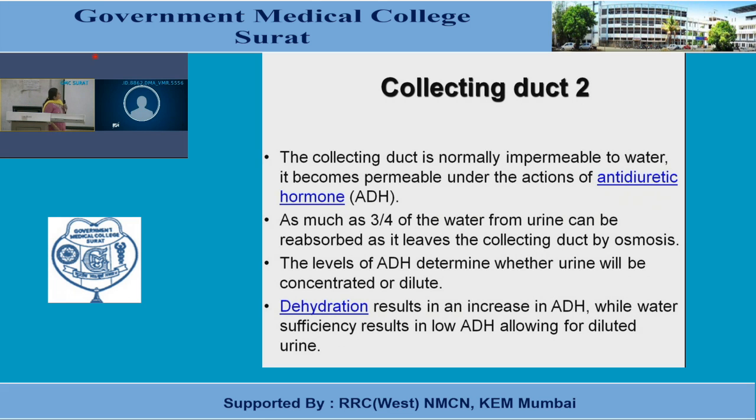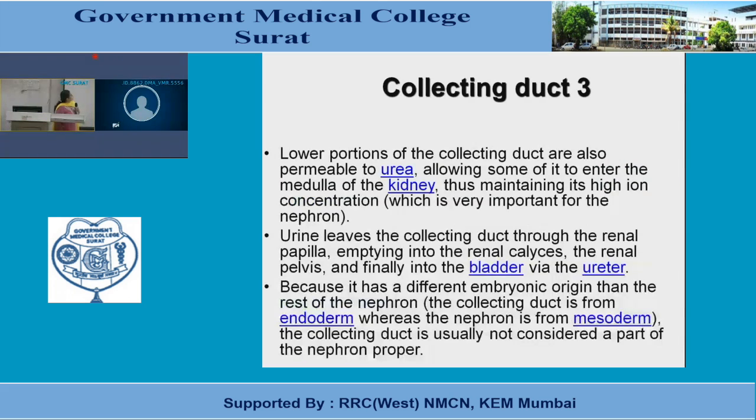Now, lower portions of the collecting ducts are also permeable to urea in the presence of ADH. ADH causes activation of the passive channels for urea, that is UT1 and UT3, and this will cause the absorption of urea. Of the total load of urea given to the nephron, about 50% is absorbed and 50% is passed in the urine.